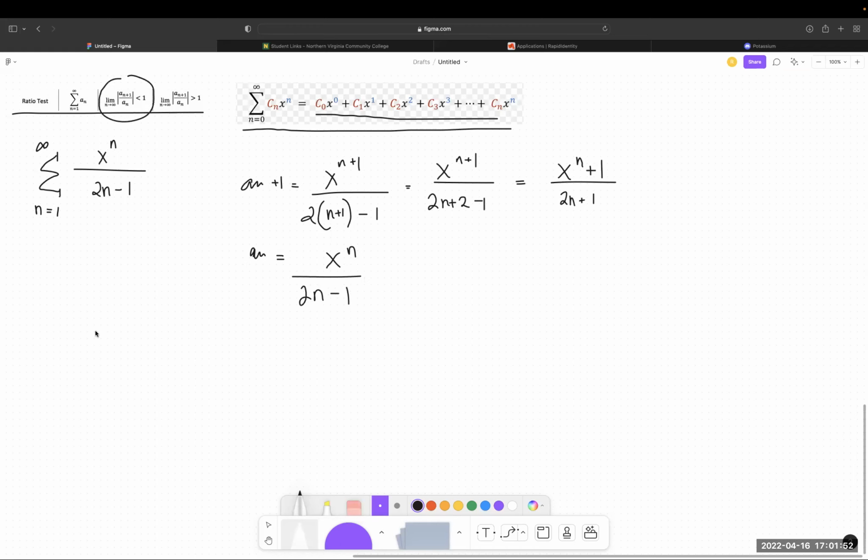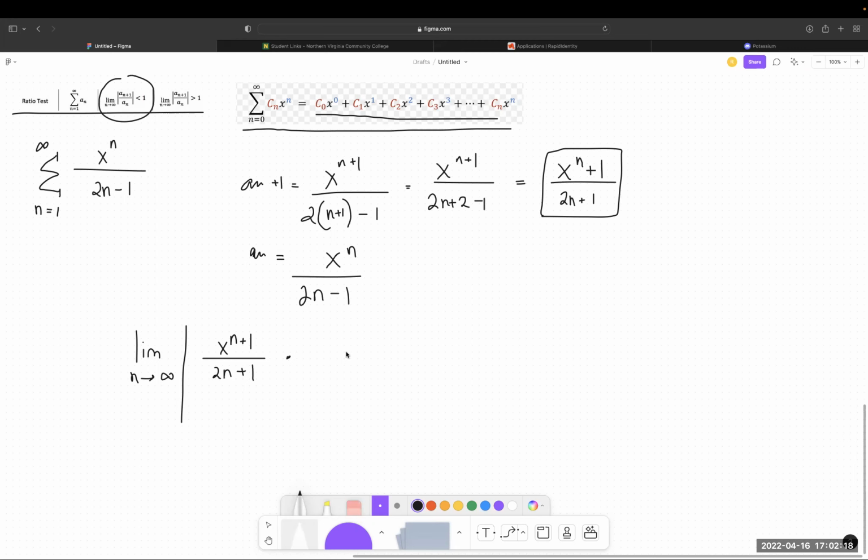The ratio test says, take the limit as n approaches infinity of the absolute value of a sub n plus 1 over a sub n. So a sub n plus 1 is x to the n plus 1 divided by, in its simplified form, x to the n plus 1 over 2n plus 1. And then we multiply by the reciprocal.